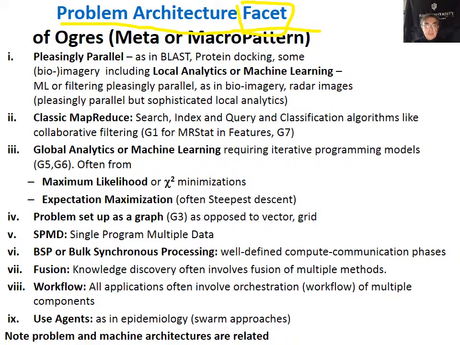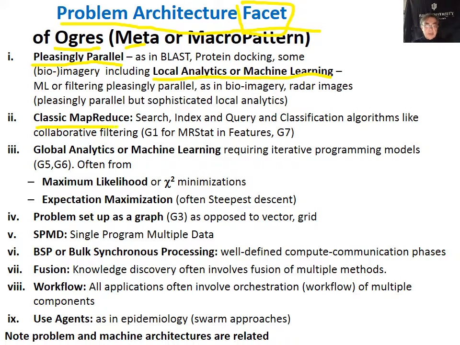And the ogres are the overall patterns. Those ogres have what I call micro patterns, which are the very detailed kernels, the mini apps. But they also have what I call meta patterns or macro patterns, which are the overall structure. I put pleasingly parallel as an overall structure, and we know that goes with local analytics and local machine learning.